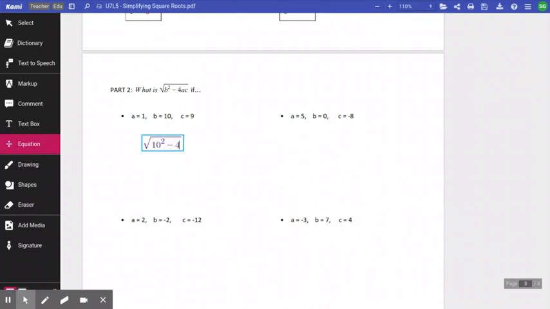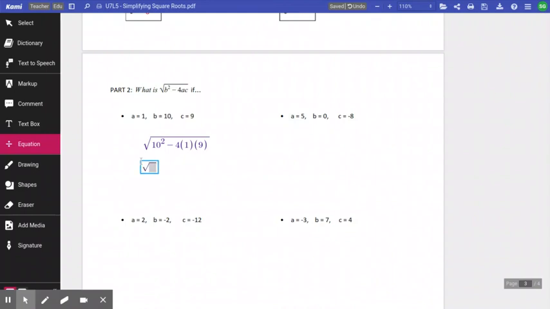So minus 4, a is the number 1, and since it's written 4ac, there's nothing in between them. That means multiplication, so it means minus 4 times a times c. So I'm going to write minus 4 times a, which is 1, times c. C is 9.